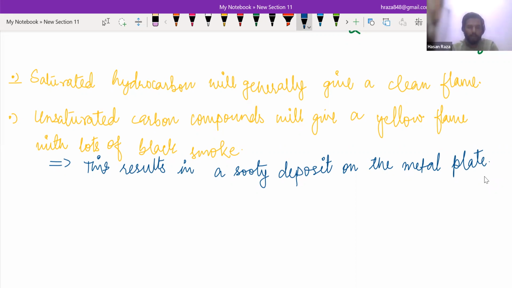Are you getting my point? Have you seen food being cooked on a chulha? If you have seen it, next time when it is cold, take it and look at the pieces. There will be a layer of black deposit. That is what I'm calling a sooty deposit.